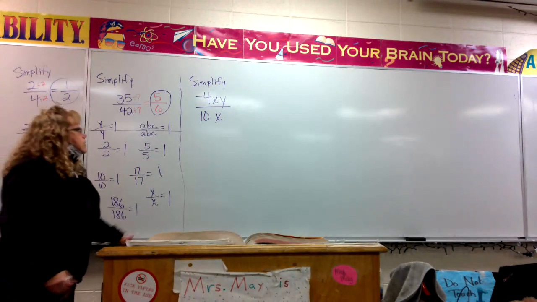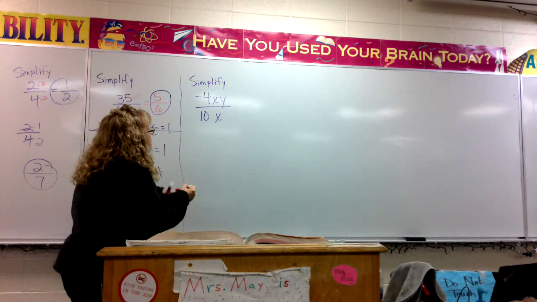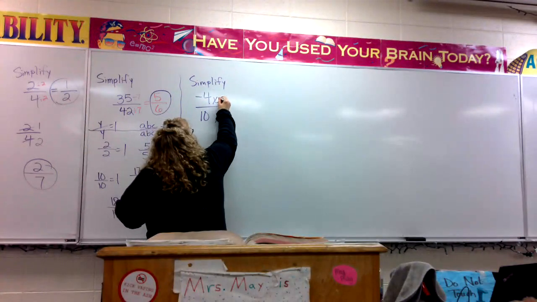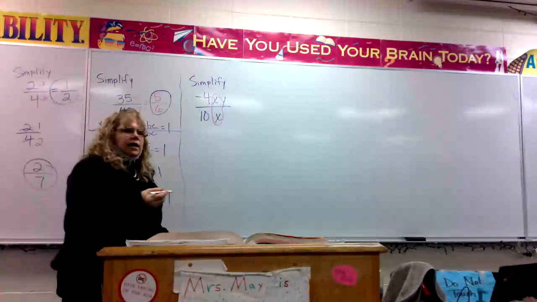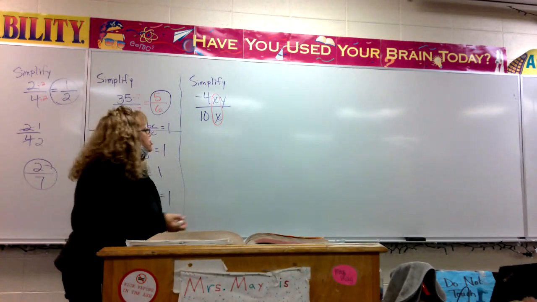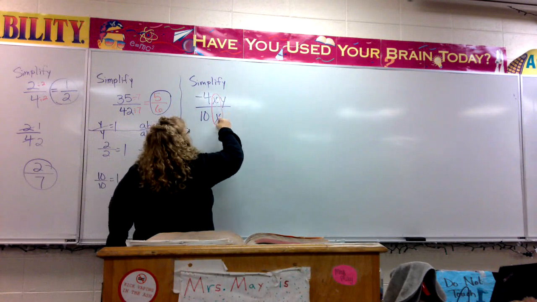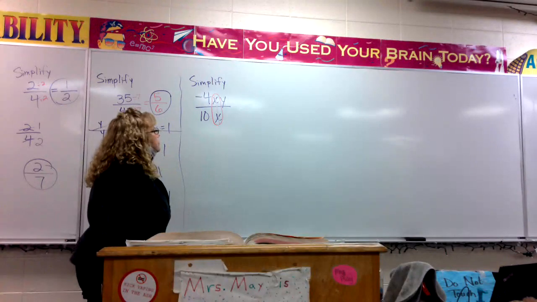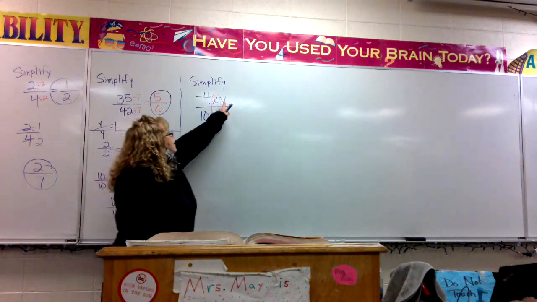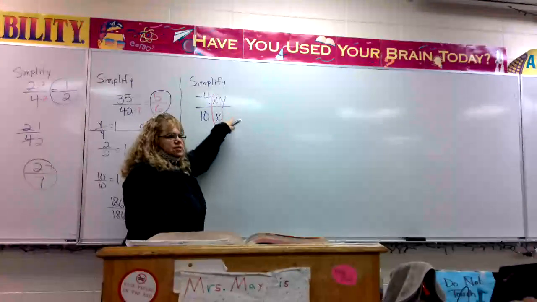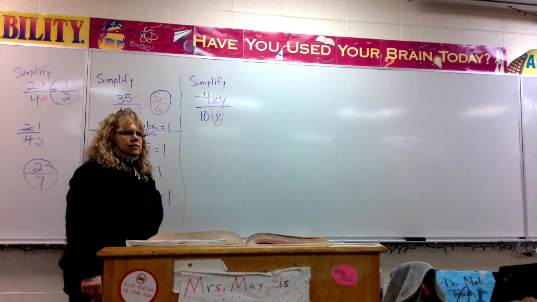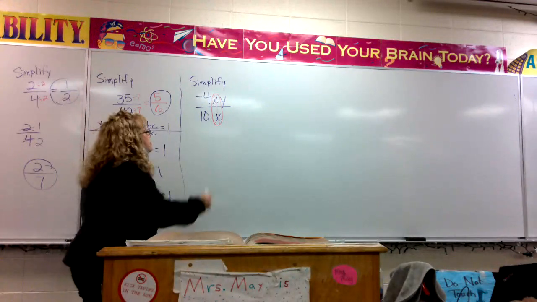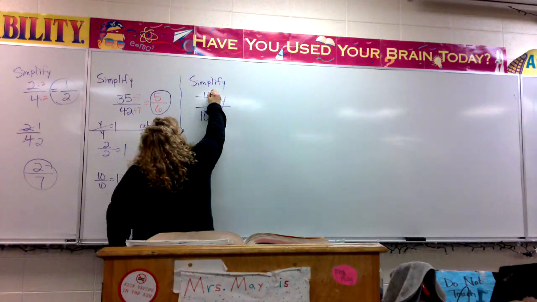So then when we get over here, what is anything over itself? 1. They cancel each other out, it's just 1. So those cancel and give us 1. The y we can't do anything with because there aren't any other y's. What about the 4 and the 10? Simplify? What can you divide both by?